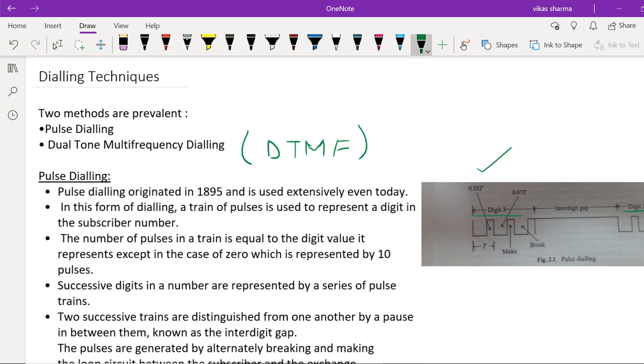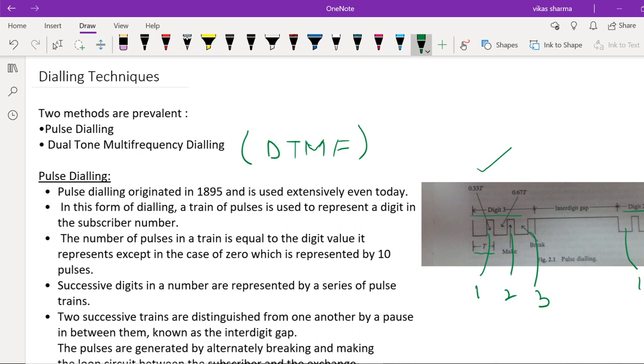This is one cycle: first pulse, second, and the third one. So digit 3 is represented by 3 pulses. Similarly, digit 2 is represented by 2 pulses. That means under this scheme, each digit is represented by a train of pulses equal to its value.